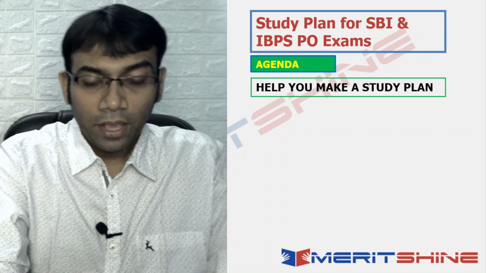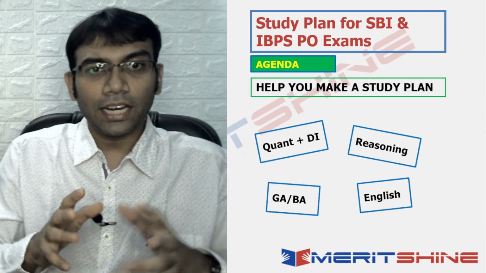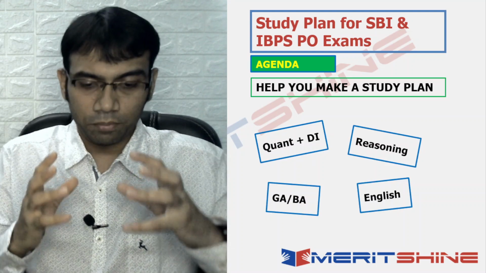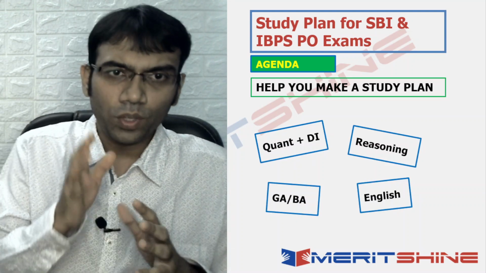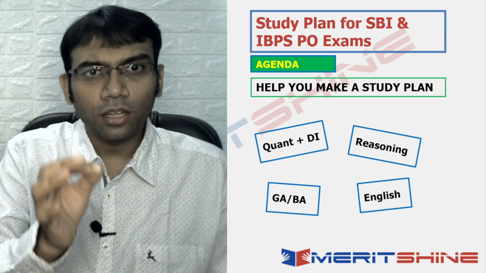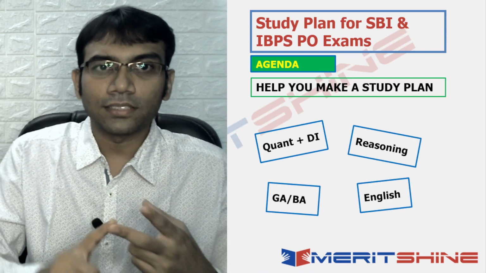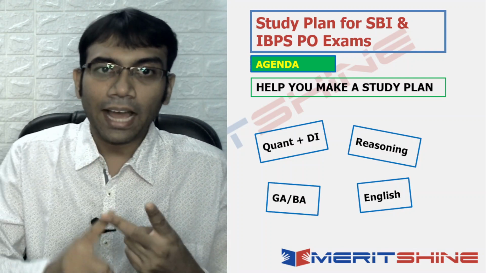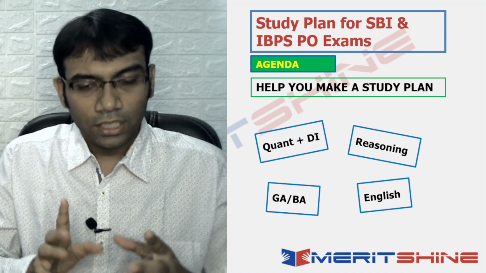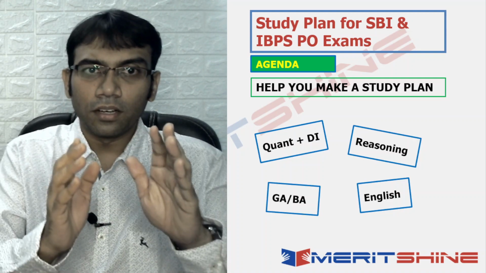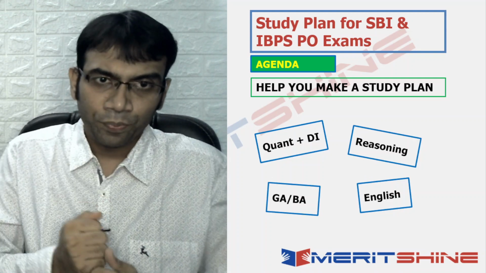Okay. Now, before we start, let's understand what we are looking at when we say schedule. We are looking for the short-term goal of our prelims and mains exams of SBI PO and IBPS PO, right? So this is our main target as of now.